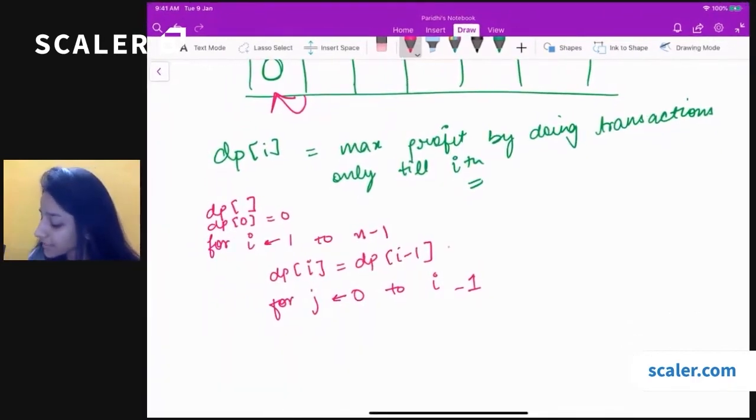Now this is the case when I am not selling the stock on that particular day. When I have to sell, I'll be moving through this loop.